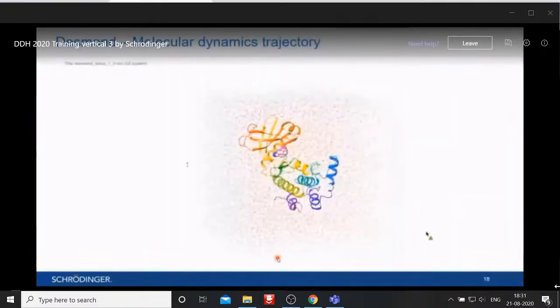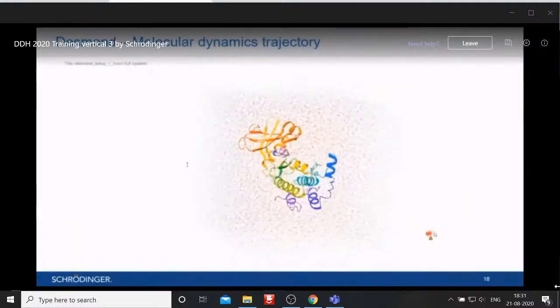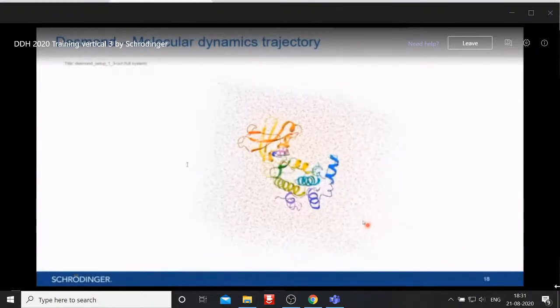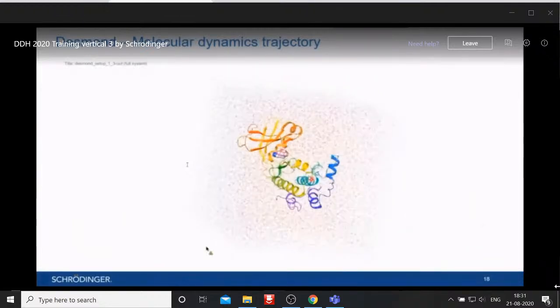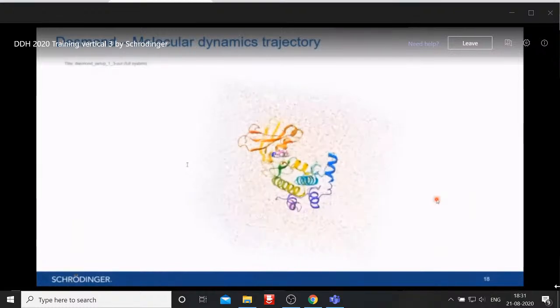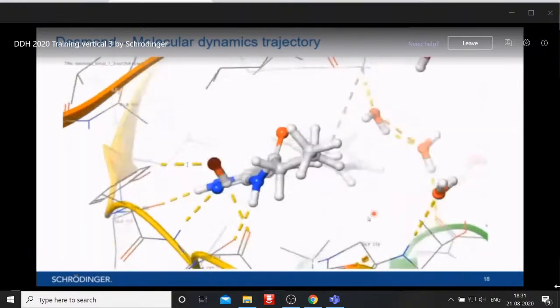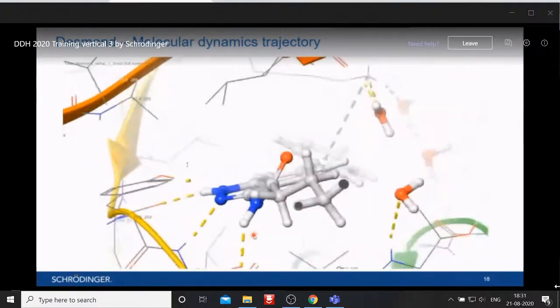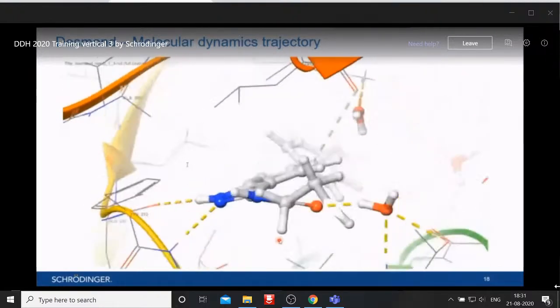Once you run your MD simulation, you can see the MD simulation trajectory in the Maestro visualizer. Here you can see the box of water in which protein and ligand are present. You can see all the flexibility of your protein ligand complex and water being considered in the MD simulation. There are various parameters, like if you want to analyze various interactions, for example hydrogen bonding interaction between protein and ligand.